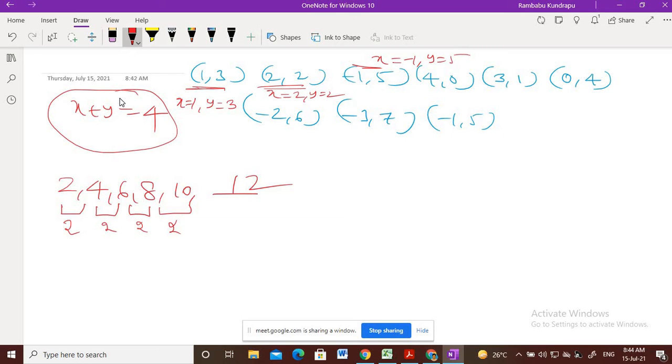Just observe all these y values and x values. So the sum is only 4 here. If you add x plus y, you are always getting 4. Yes, sir. Look at all these points. You take the difference of this. Difference means just add the points and take the difference.